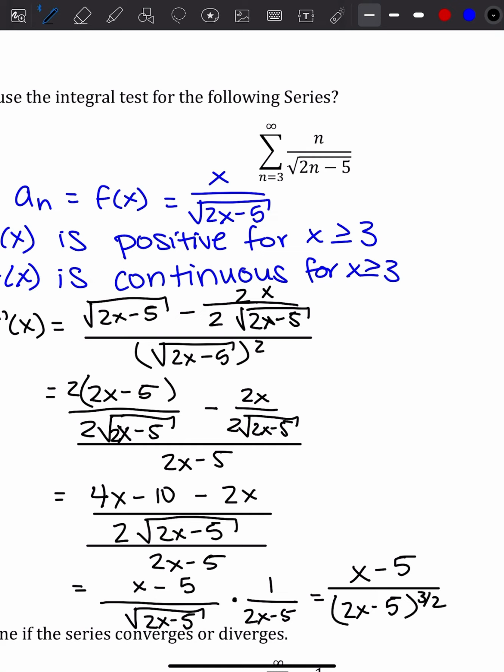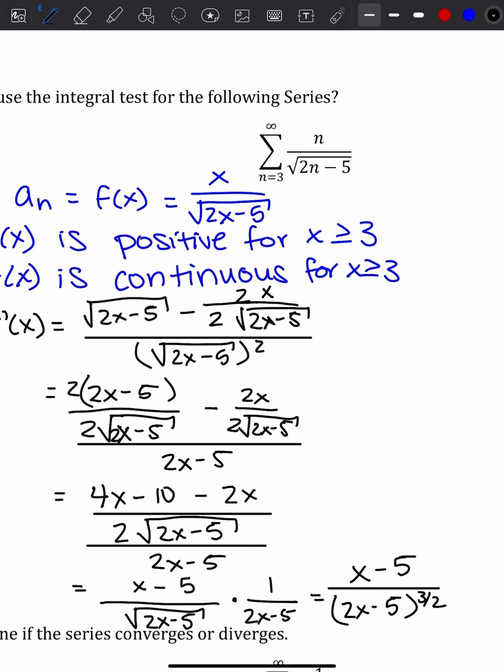So what we want to decide is what's going on with this function right here. With the 3/2 power part, we're going to have a square root, but we're also going to have a squared or a cubed, and that's going to change whatever sign we're working with.